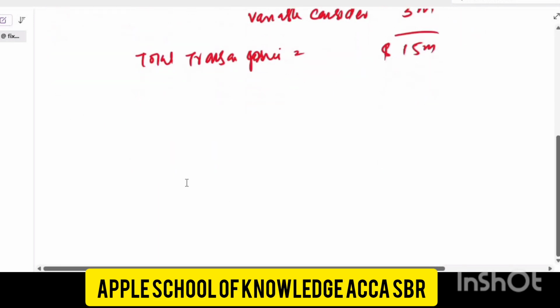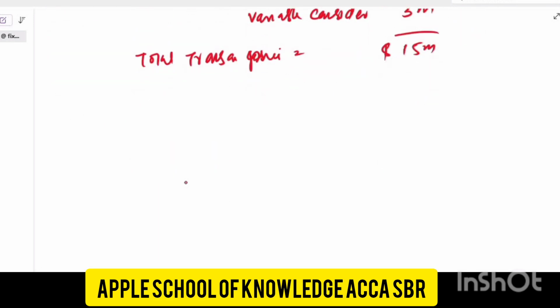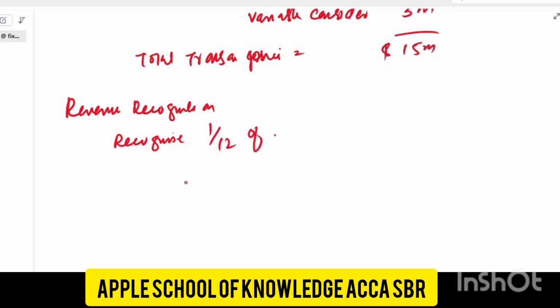Now after calculating the transaction price, you have to recognize revenue. So recognize 1/12 of the total price, because the service is provided over 12 months and the revenue should be recognized for December 2001.